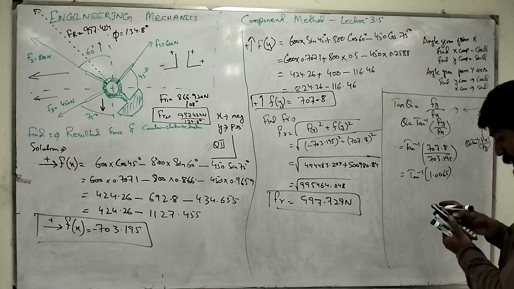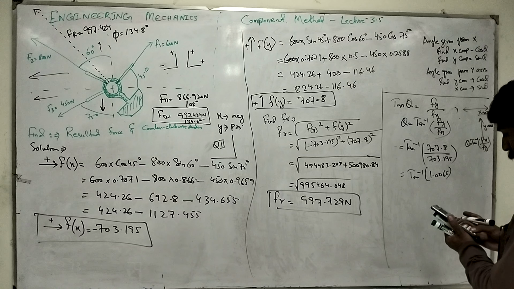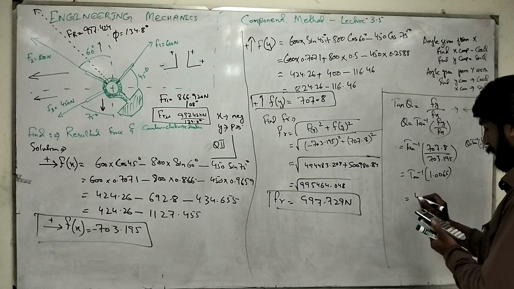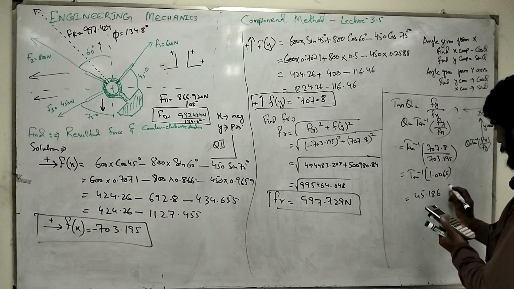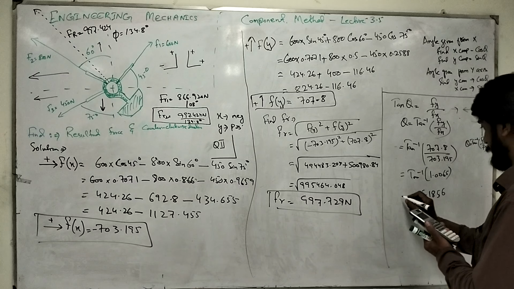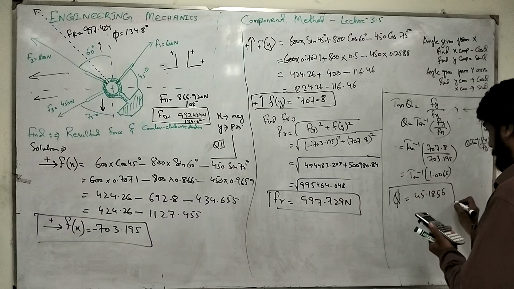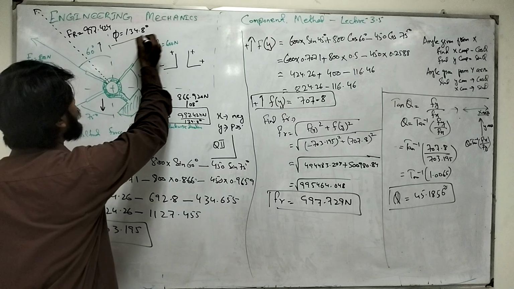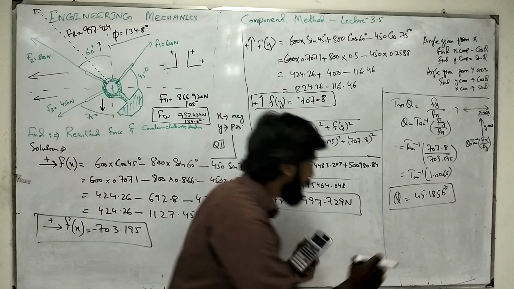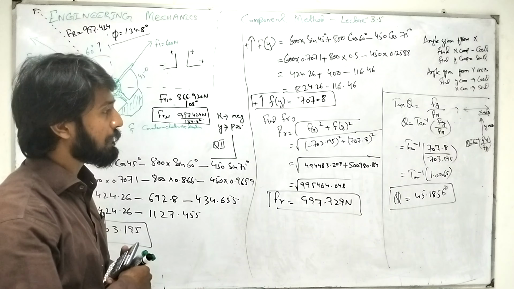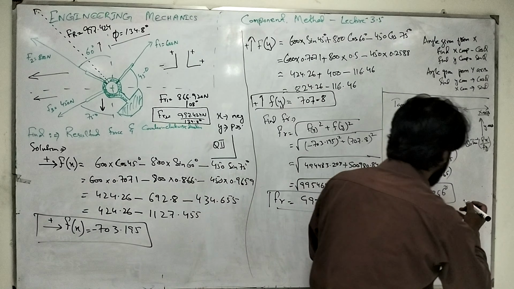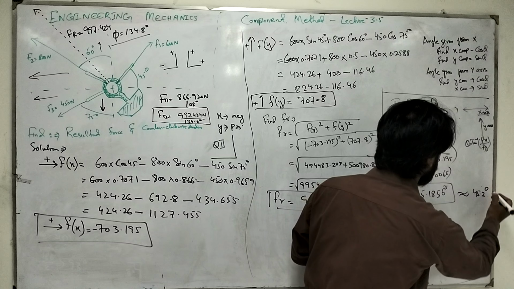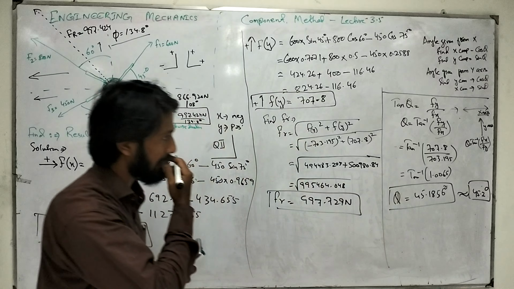If I take tangent inverse of 1.0065, I have a value of 45.1856 degrees. Now most students will be confused because here the phi value is 134.8 degrees and we have a theta over here which is 45.1856. I'm going to round it up and call it 45.2 degrees, just to make it easy.